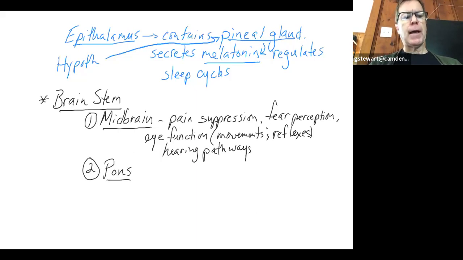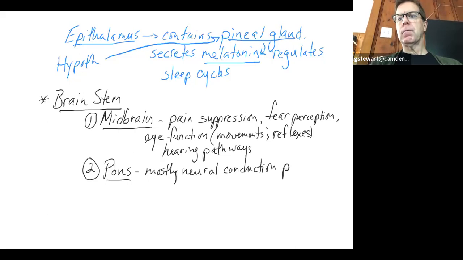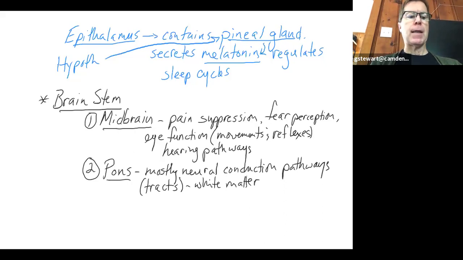The pons, that second area below the midbrain, is mostly myelinated neural tracts. So I'm going to write mostly neural conduction pathways. Just think of connecting highways. We call them tracts. Neural pathways, we say, are tracts. And you know that this is white matter. Most of the brainstem in general is white matter, but I'm just reiterating that.